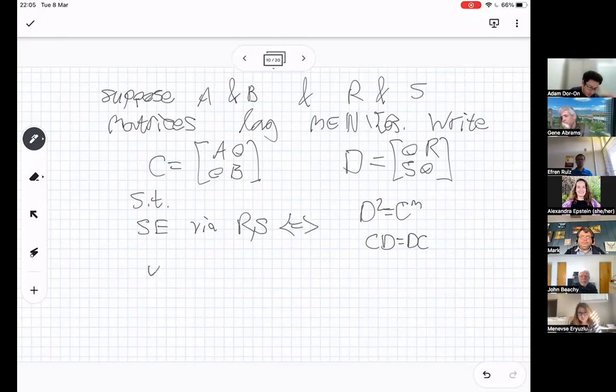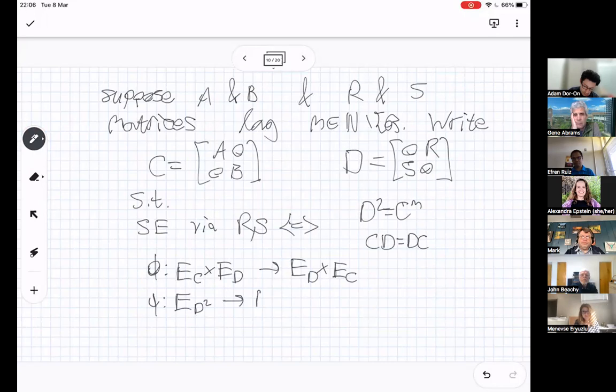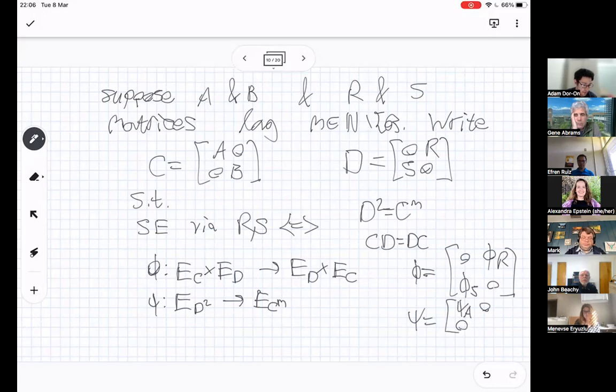And we can also look at appropriate range and source preserving bijections the same way we had earlier, making them into 2 range and source preserving bijections instead of 4. So this simplifies our problem. You just take the phi R and put it over here, the same way as you do for the matrices. So this is maybe the morphism analog of what's happening at the level of matrices.